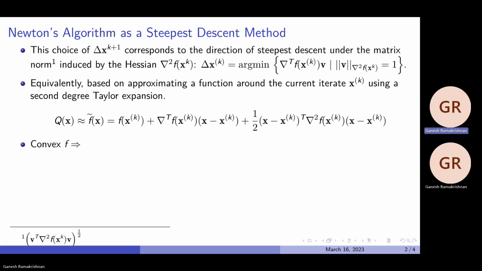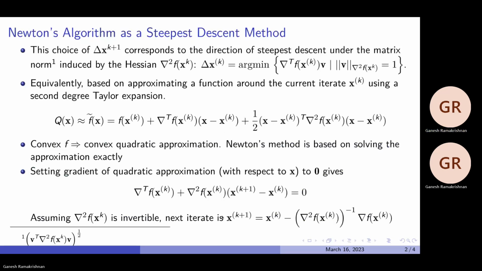It's xk minus the Hessian inverse times the gradient. So xk plus 1, that's what I've written. You can think of this as xk plus 1. Xk plus 1 is xk minus Hessian inverse at k times the gradient at k.